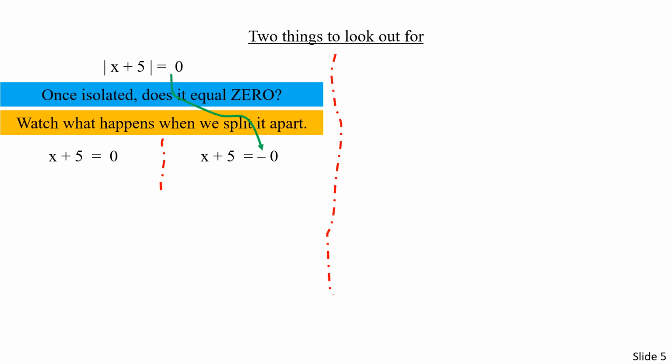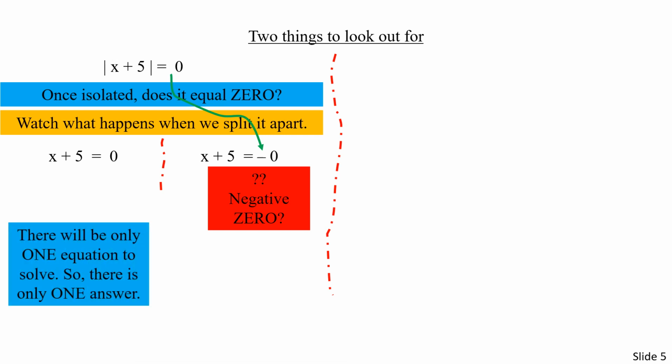What is -0? Oh, that's the same as 0. So the two sides are the same. So we only get one answer, and it comes from this side. So in this case, x would be -5. So if the absolute value equals 0, you're only going to get one answer instead of two.